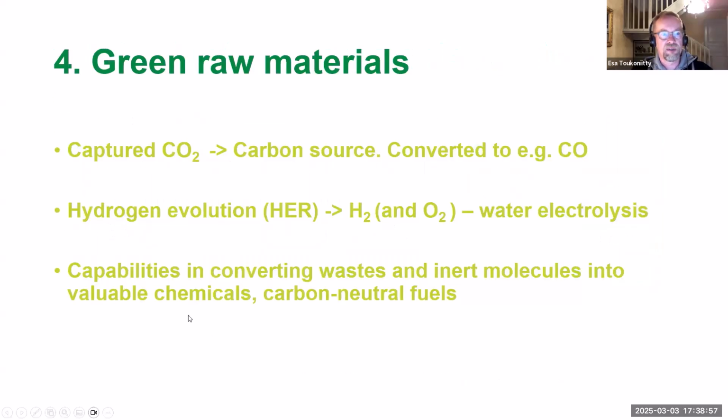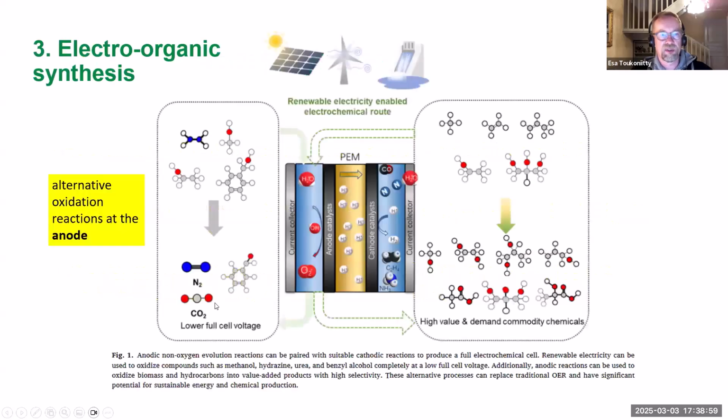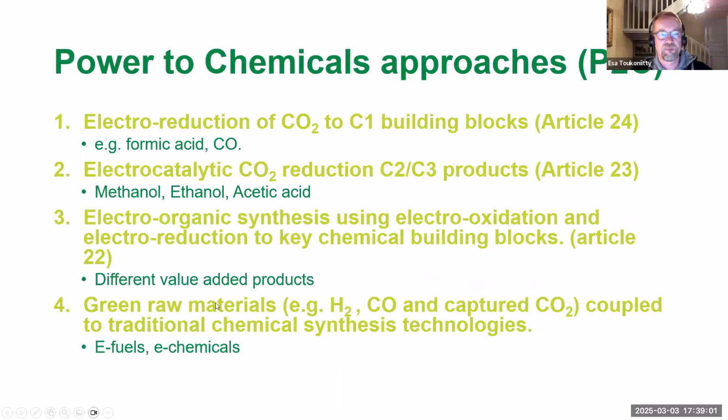Okay, I didn't have this summary slide here, but I'll reverse. So the idea here is that there are 4 different approaches that you can utilize the renewable electricity and also these simple building blocks to make a lot of different chemicals.